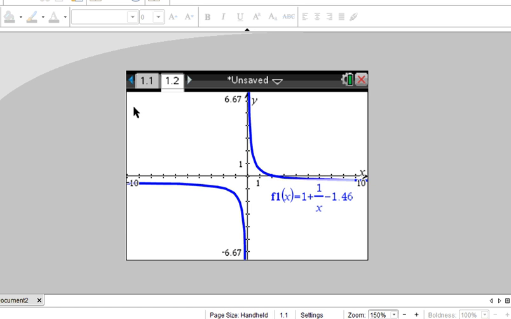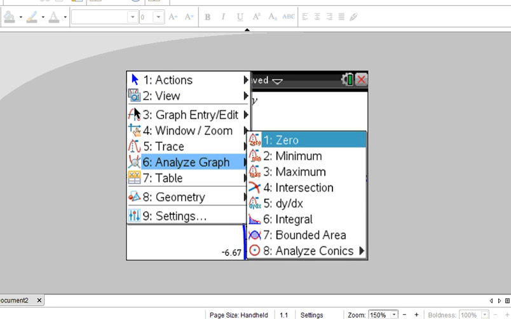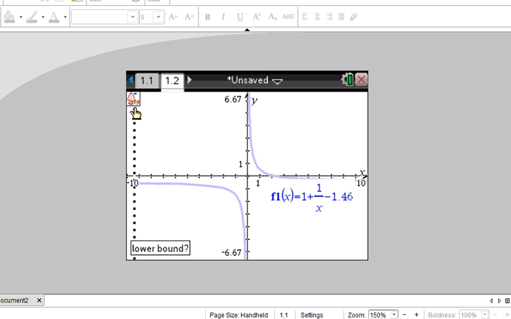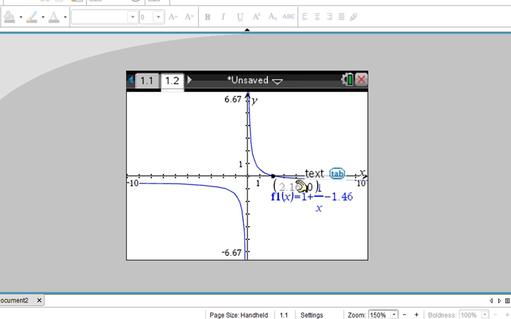And to find exactly what it is, we go to menu, we go to analyze graph, and we pick the zero, and we set a left boundary here, and we set a right boundary here, and we get 2.16, and we press the plus key.